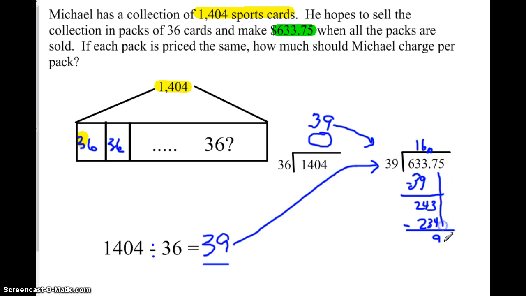Bring down my 7. 97 divided by 39 is 2. 2 times 39 is 78. Subtract, that is 19. Bring down my 5. 195 divided by 39 is 5. 5 times 39 is 195, and I'm done. So he should charge $16.25. Oh, brother.